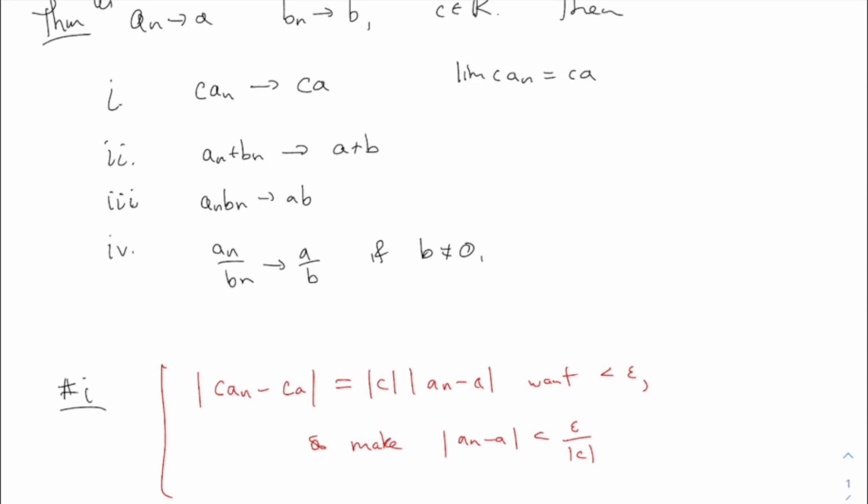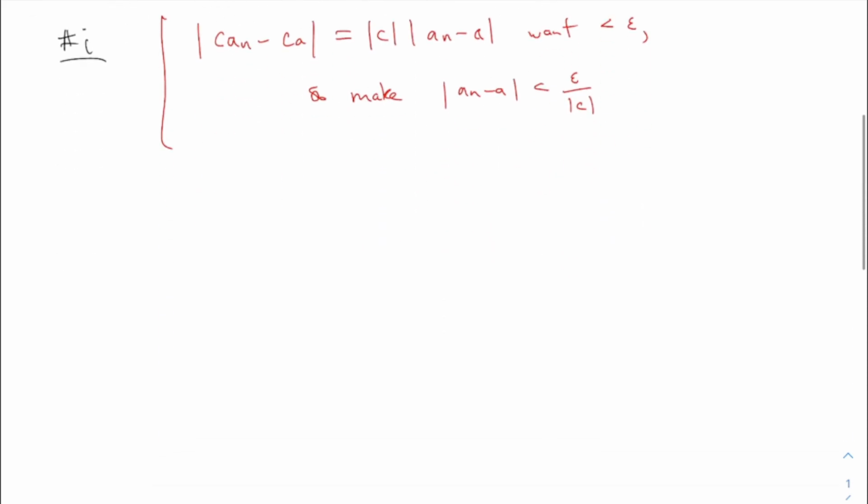Let's do number 2 then. Number 2, I'll actually write out the whole thing this time. So remember, number 2 was a_n plus b_n converges to a plus b, right? This is what we are demonstrating for number 2. I will begin as usual. Let epsilon greater than 0 be given.